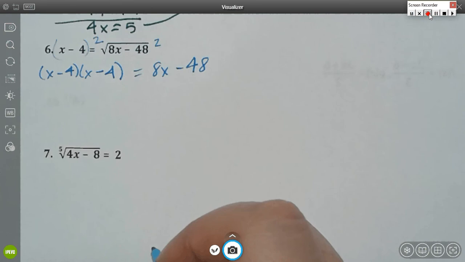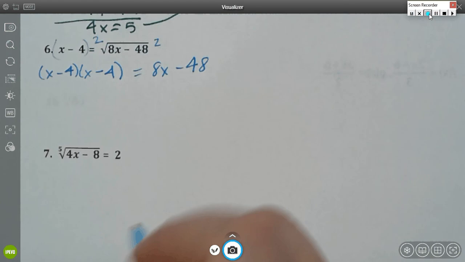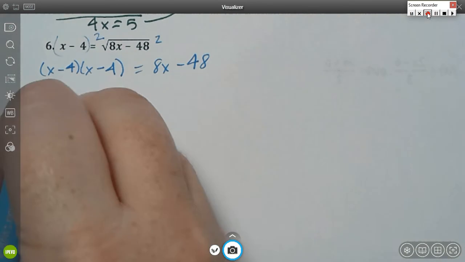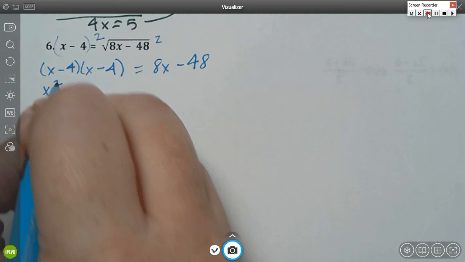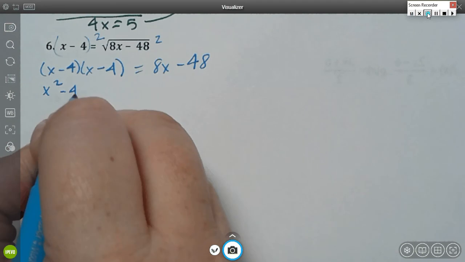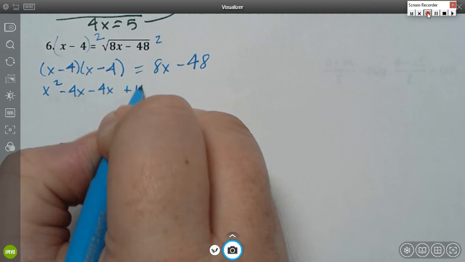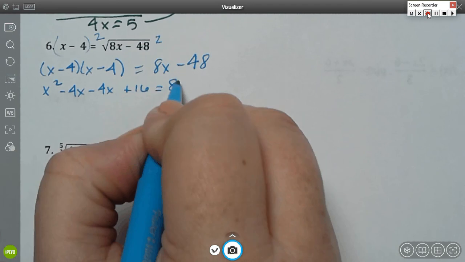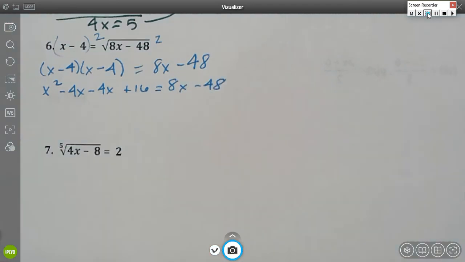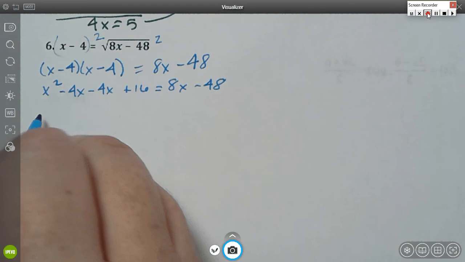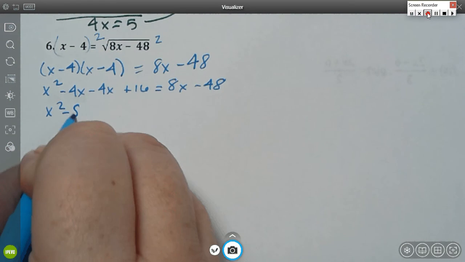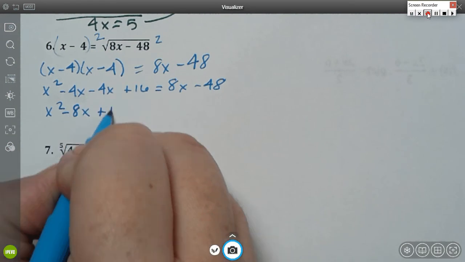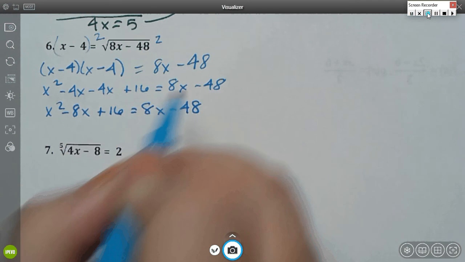Okay, I'm going to multiply out the left side. So I get x squared minus 4x plus 16 equals 8x minus 48.